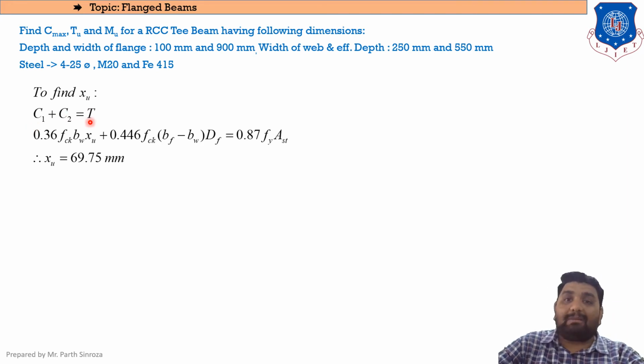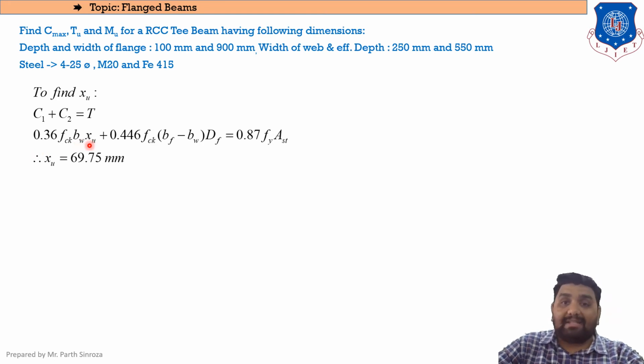But as we are talking about flange sections, compression forces are divided into two parts. That is, C1 is the compression force due to the vertical web section, that is our behavior according to the singly reinforced section, and C2 is due to the flange portion. And the equation for C1 will be 0.36 FCK BXU.